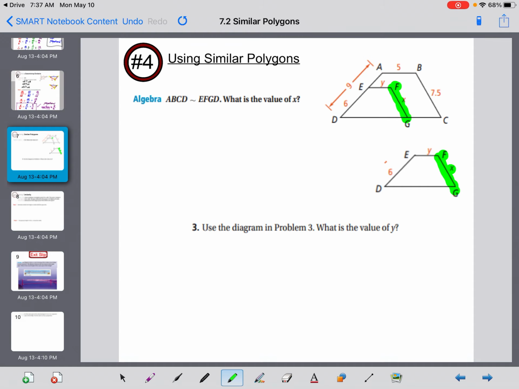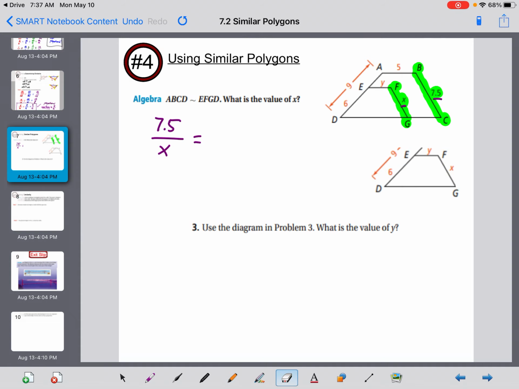Well, FG is in proportion with BC. Okay, so the way we can write that is that we can write 7.5 over x. And that is equal to, now, we need to find another side within this figure that has a value, okay?